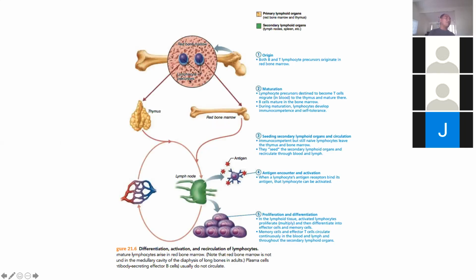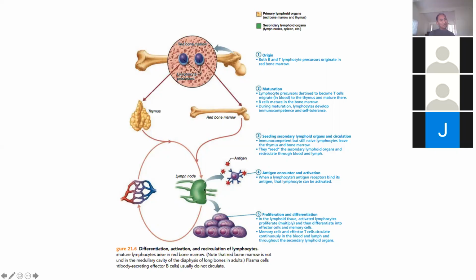Again, our bone marrow will generate B cell and T cell. B cell will remain in the bone marrow and mature. T cell will have to go to the thymus gland to mature.